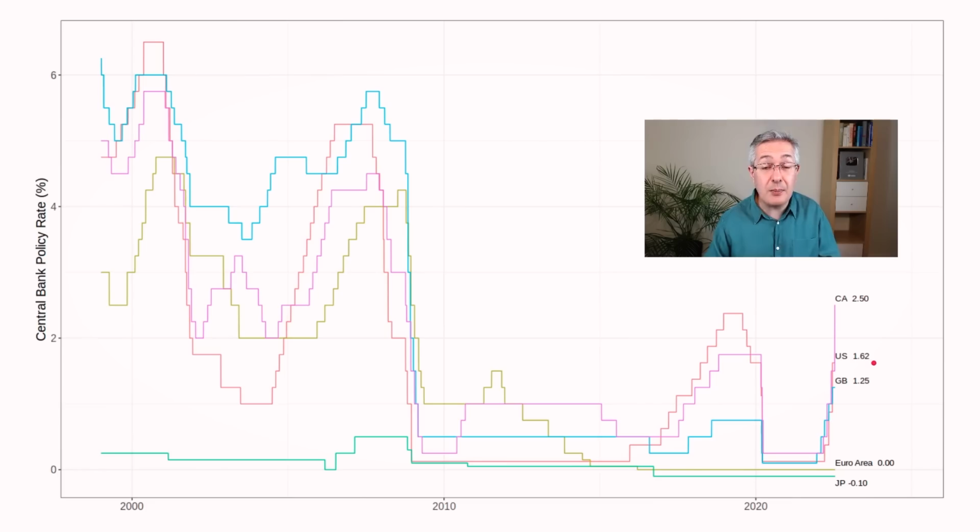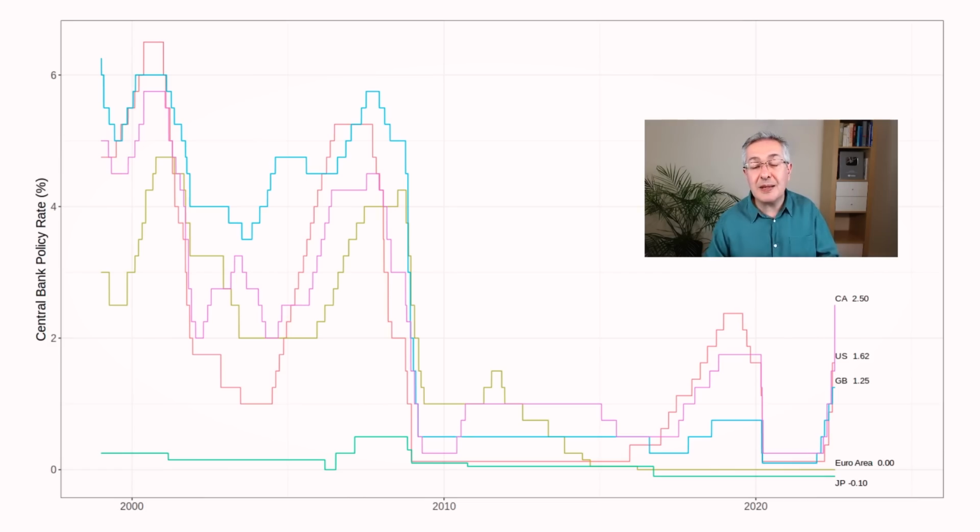So here what I've shown is the policy rates of many central banks, including the US. So that's currently 1.62%. But notice how all of the central banks cut interest rates to zero following the pandemic in order to stimulate growth and to lessen the effects of the pandemic. And now that we've had this spike in inflation, all central banks have been raising interest rates very rapidly, with the exception of the euro area, which has also now started to hike, and the Japanese central bank, which is also still very accommodative.